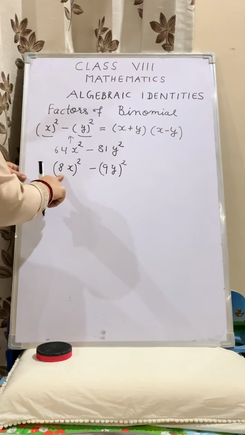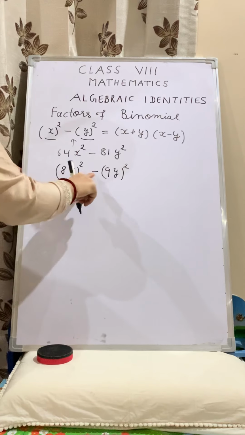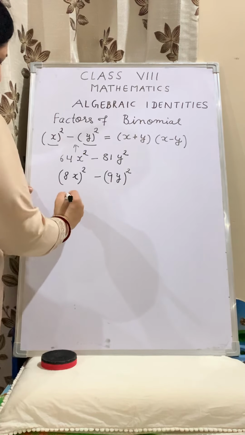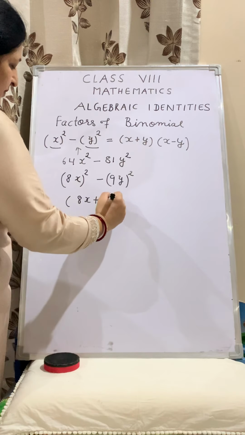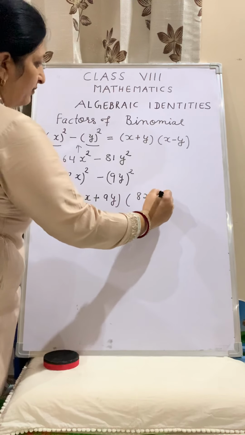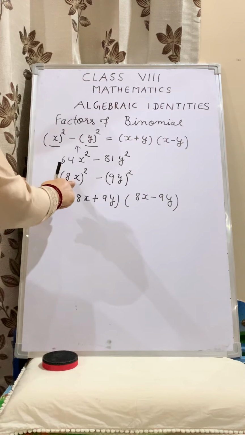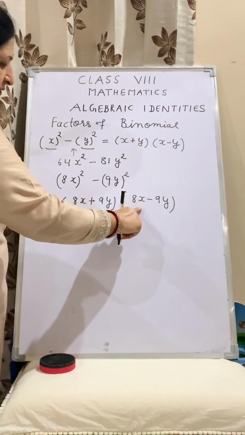Now a whole square minus b whole square, or first whole square minus second whole square, you have to write 8x plus 9y or 8x minus 9y. These are the factors of 8x whole square minus 9y whole square. These are the factors.